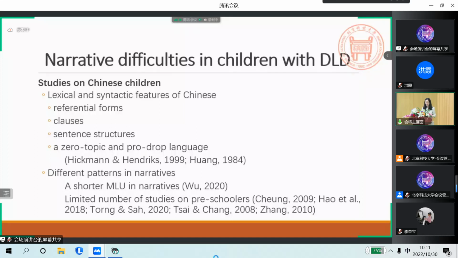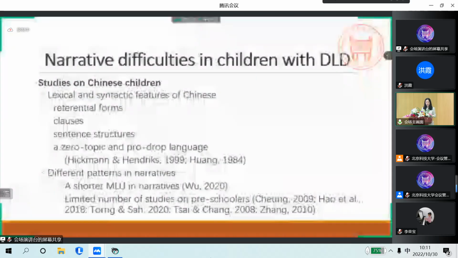And for clauses, Chinese sentences might be stacked with each other, and we usually combine the sentences without connectives. And for sentence structures, there are some syntactic structures that are unique in Chinese. For instance, there are some serial word structures, just combining two or more words together to become a sentence.